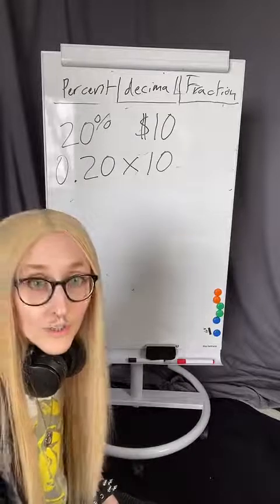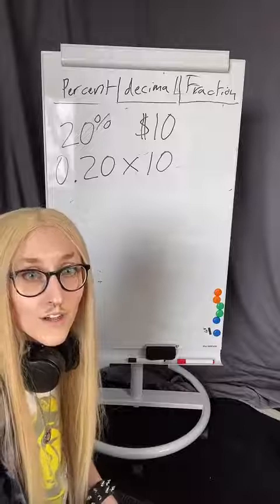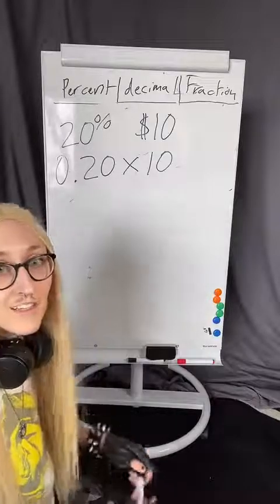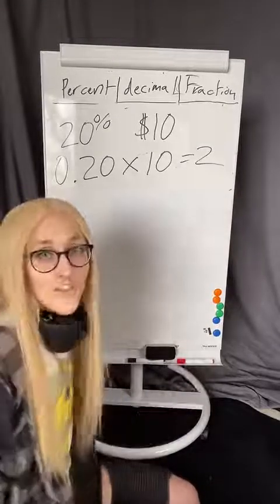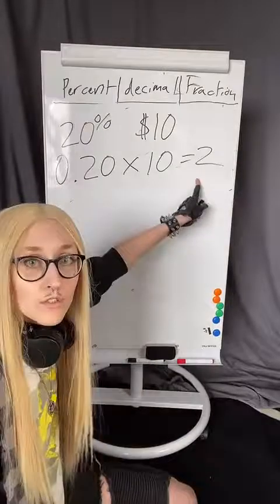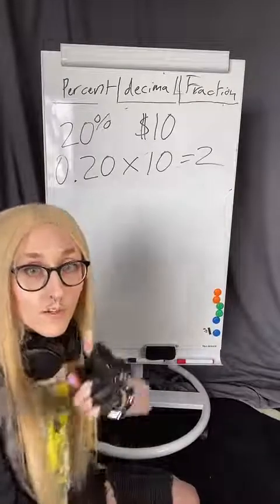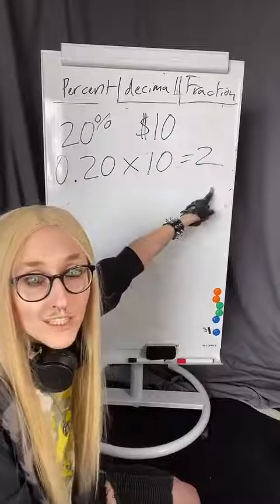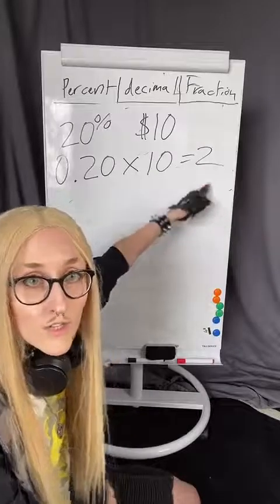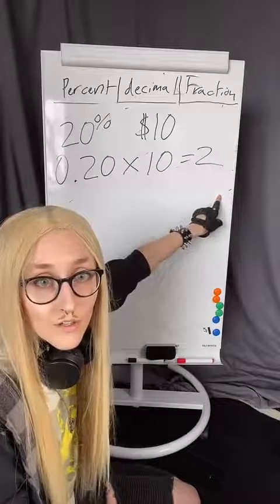You get 2. 0.20 or 0.2 times 10 gives you 2. So that means your discount, it doesn't mean you're paying $2, okay? This is very important. This does not mean you're paying $2. It means my discount is $2. So 20% of $10 was 2.